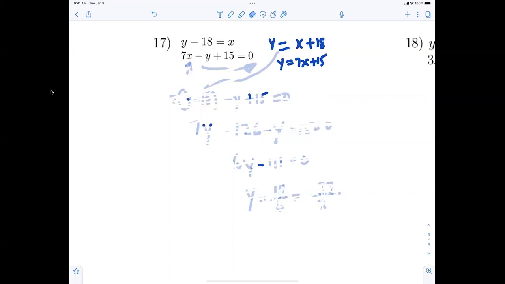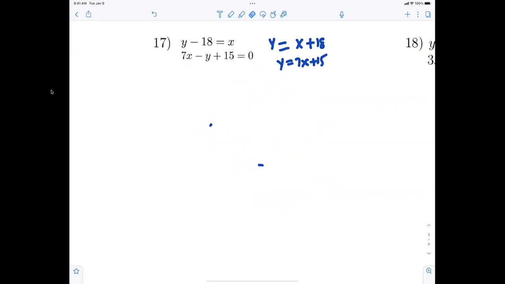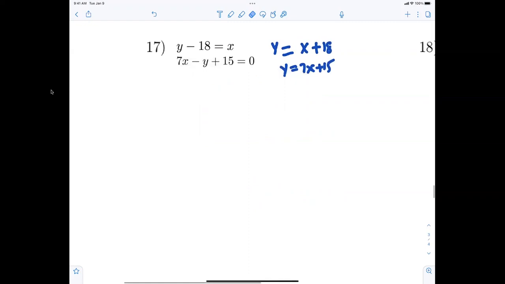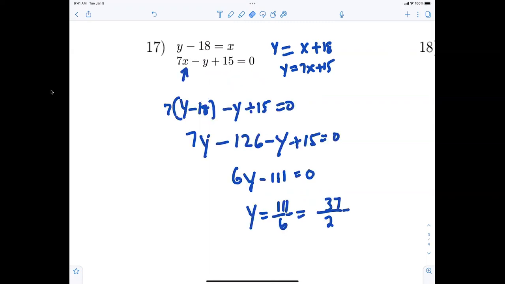Hold up. Oh, what did I do wrong? Tell me. We moved over the 18 and now it's y equals. No, but when I made my substitution, oh, no, I wasn't wrong, actually. All right, so this is x equals y minus 18.